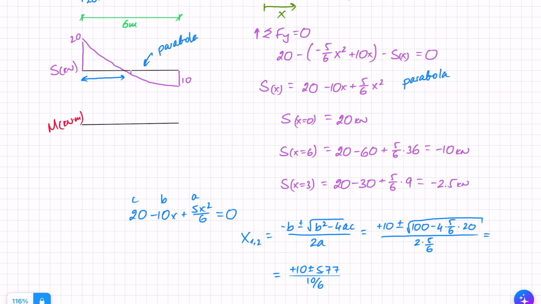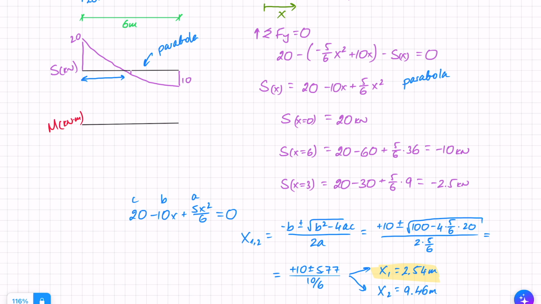And so mathematically, we get two answers from this. One of them is 2.54 meters, and the other one is 9.46 meters. Now, we can see that although these two are valid answers mathematically, only one of them works physically, because 2.54 is within the beam, while 9.46 meters is outside the beam.